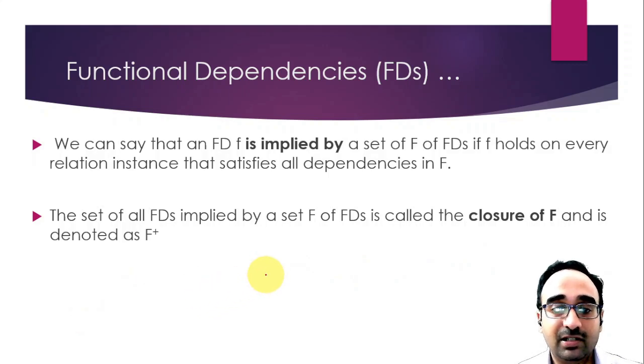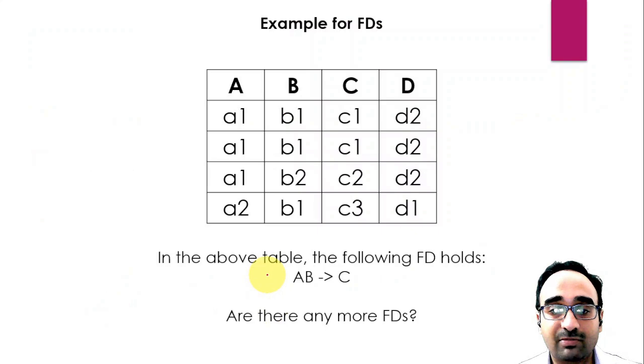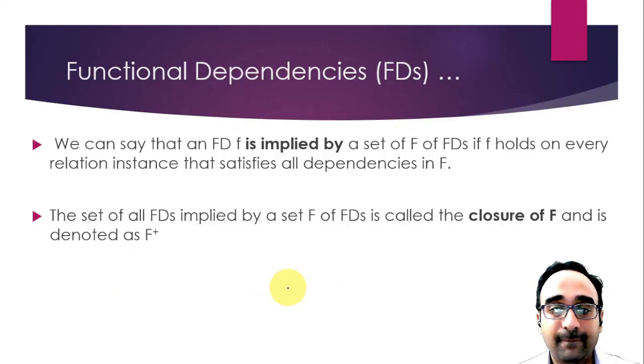By the way, I forgot to tell one more point. Let's say there is a functional dependency A to B. In a functional dependency, what do you find on the left hand side and right hand side? On both sides, you will find a set of attributes. Here A is a set of attributes and B is a set of attributes.